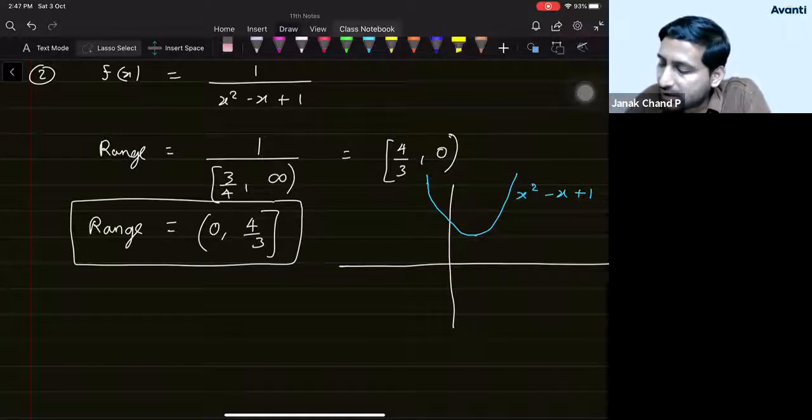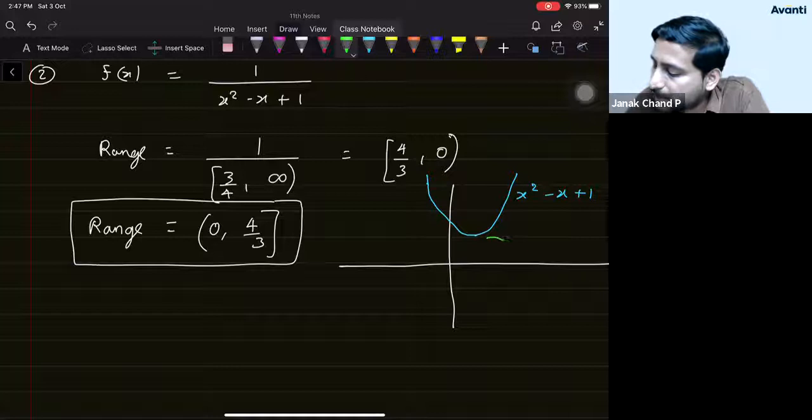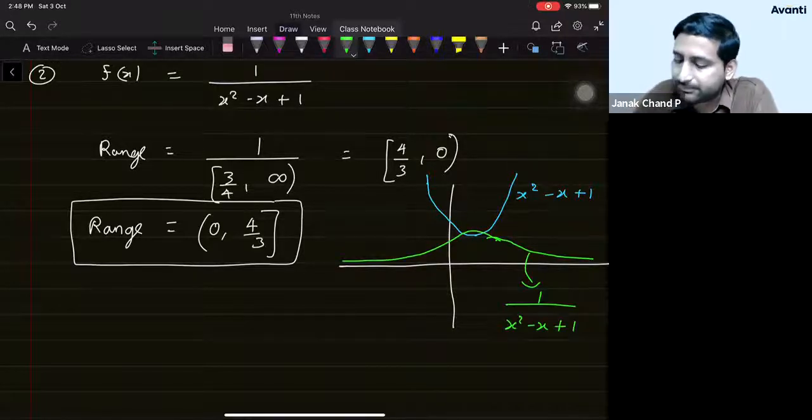We know this will try to touch infinity when it is going right and right. So when I go right and right, the reciprocal function will be somewhat like this. It will approach 0, and the same thing will happen here also. So basically the graph will be somewhat like this. This will be a rough graph of 1 by x square minus x plus 1.